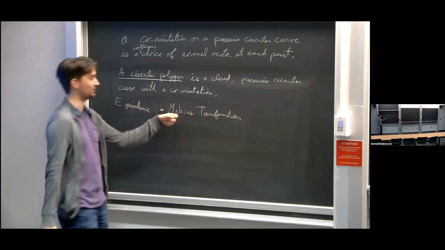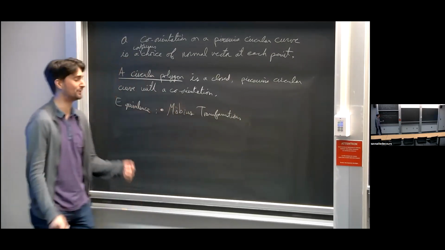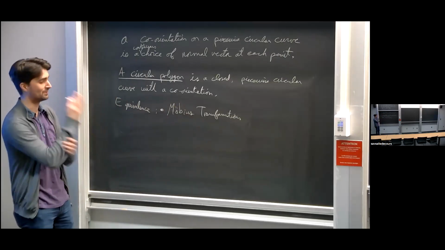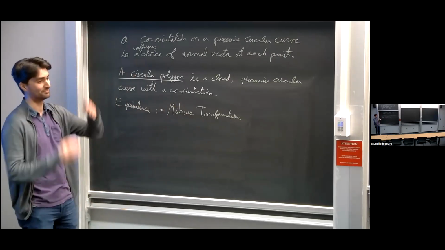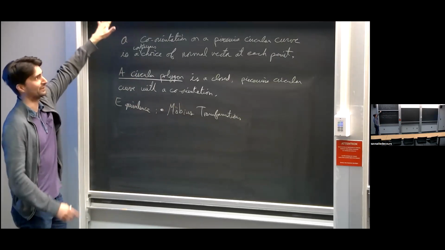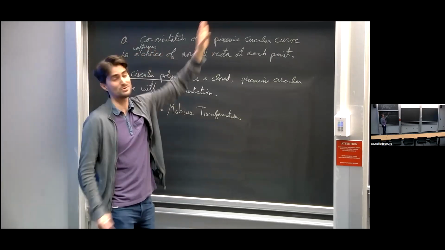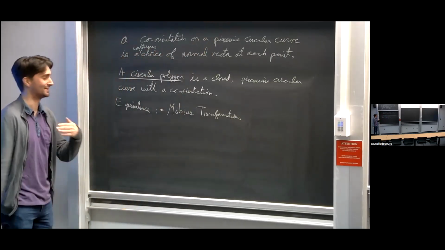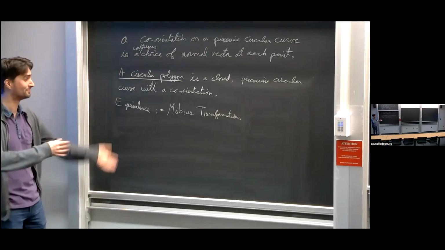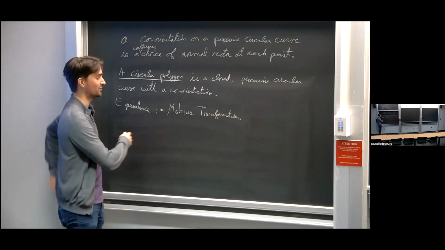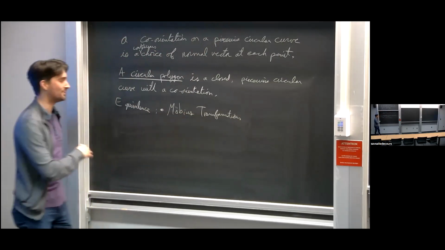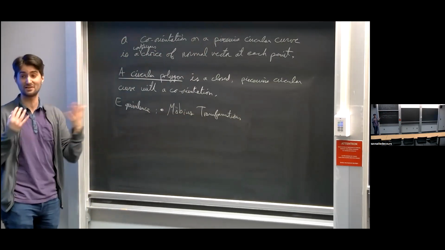So because you want this as part of your equivalence relation, you also have to allow straight pieces, which are just infinite radius circles if you're drawing them in the plane. But since I said a circle in S2 includes lines if you're doing the stereographic projection, you can apply Mobius transformations to one of these, and it stays in the same class.